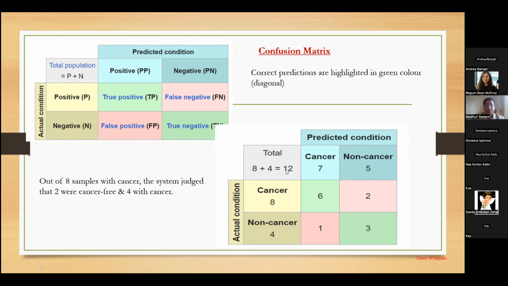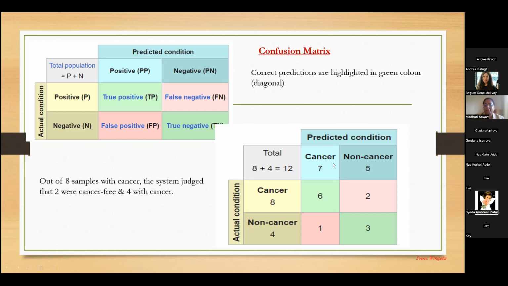Out of the 12 records, 8 people actually have cancer and 4 do not have cancer. So in reality, we have 12 records: 8 with cancer and 4 with non-cancer.